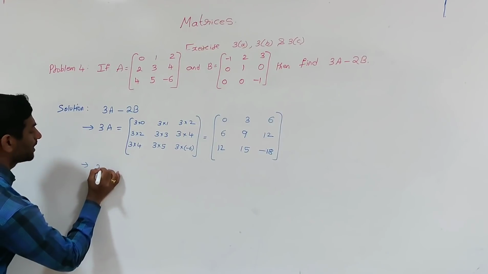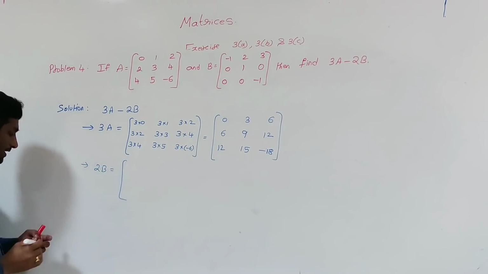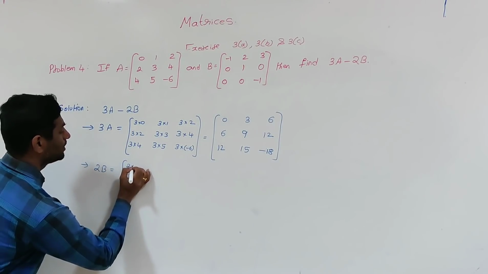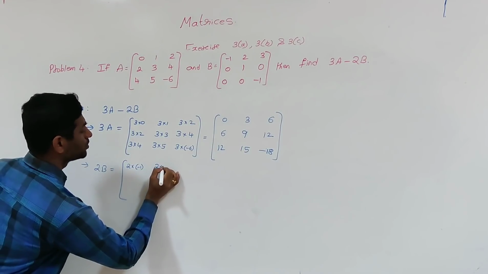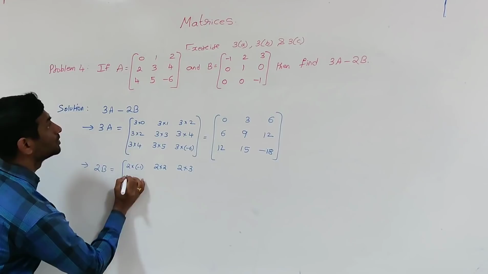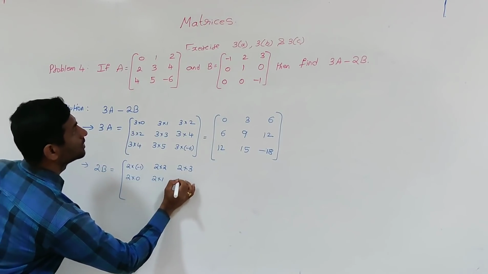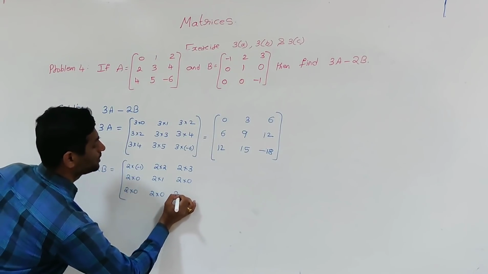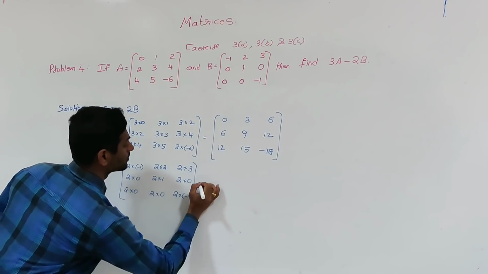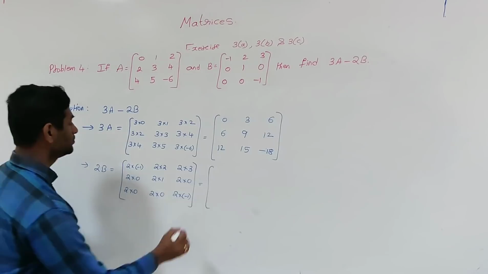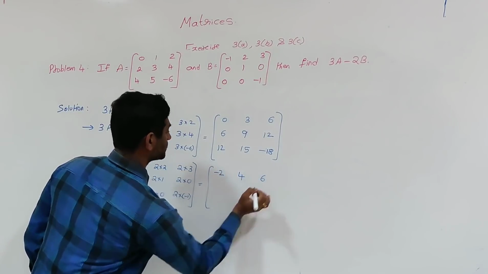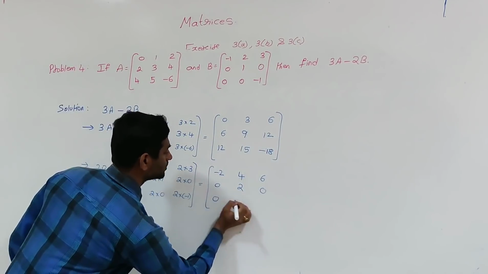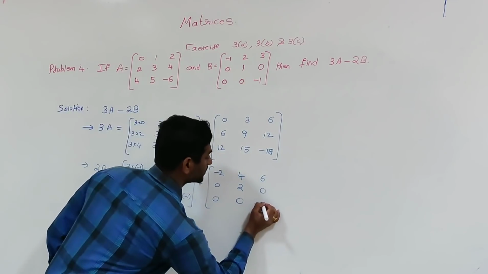And what is the 2B matrix? Every element of matrix B is multiplied with 2. 2B matrix: 2 into minus 1, 2 into 2, 2 into 3, 2 into 0, 2 into 1, 2 into 0, 2 into 0, 2 into 0, 2 into minus 1, which gives minus 2, 4, 6, 0, 2, 0, 0, 0, minus 2.